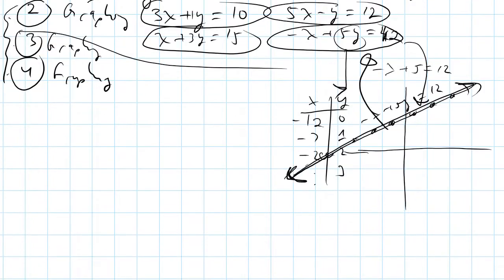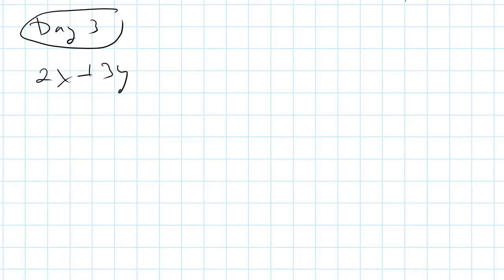So what happens on day 3? Well, day 3, I want to look at equations where neither of the coefficients is a 1 or a negative 1. And the students would have this as an exercise now.